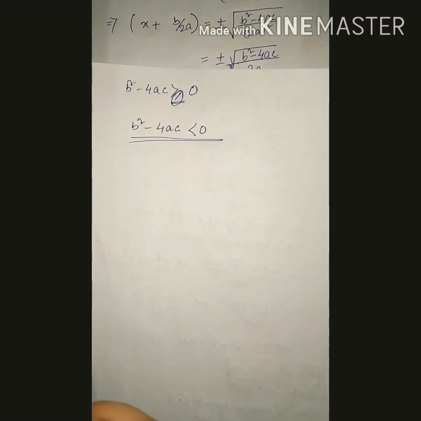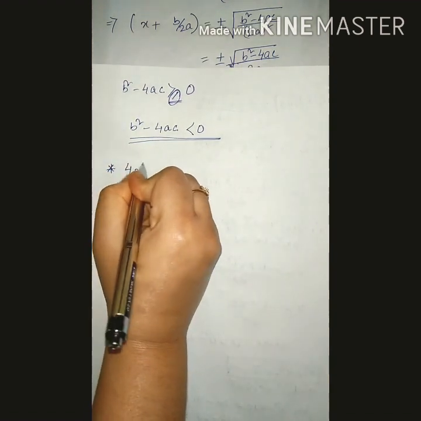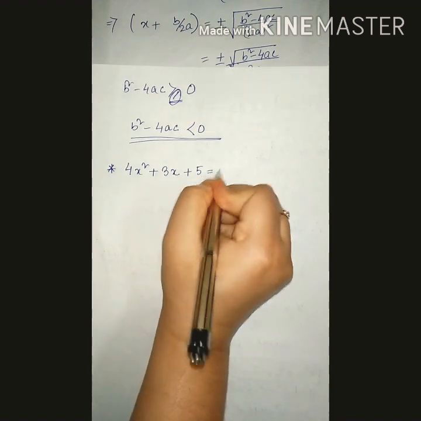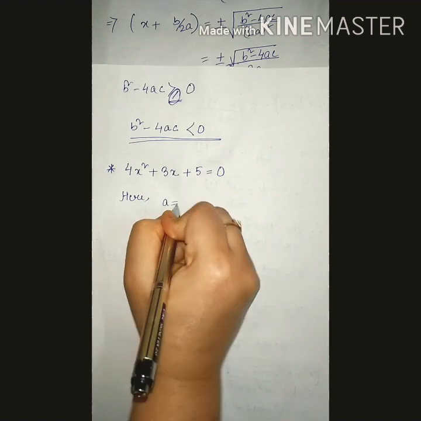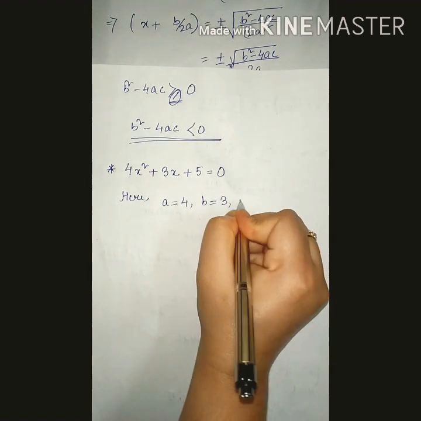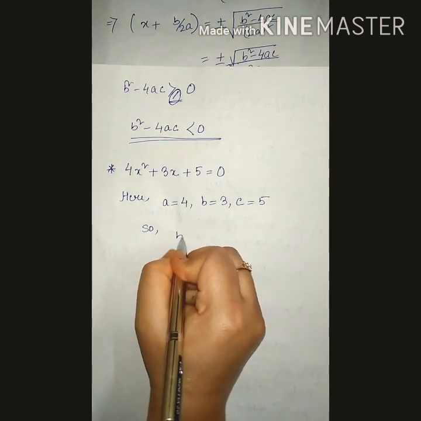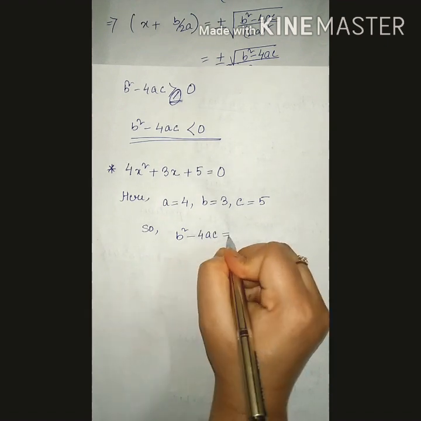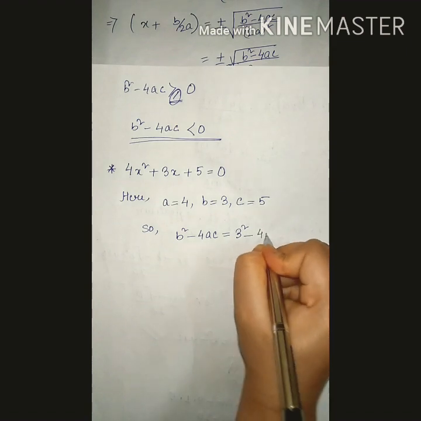Let us take one more example. Suppose 4x square plus thrice x plus 5 equal to 0. Here a is equal to what? 4, b equal to 3 and c equal to 5. So see the discriminant, which is b square minus 4ac. That will be b square means what? 3 square minus 4 into a.